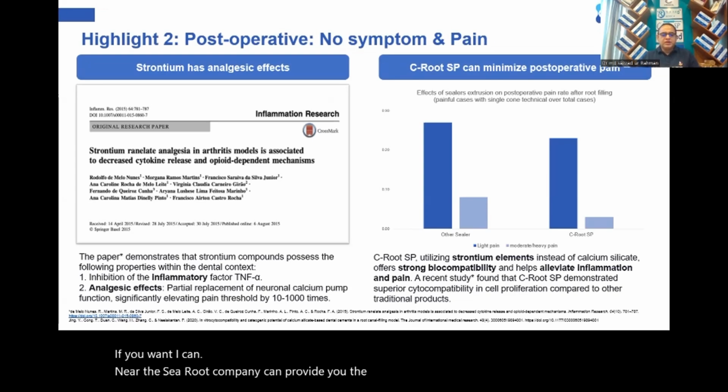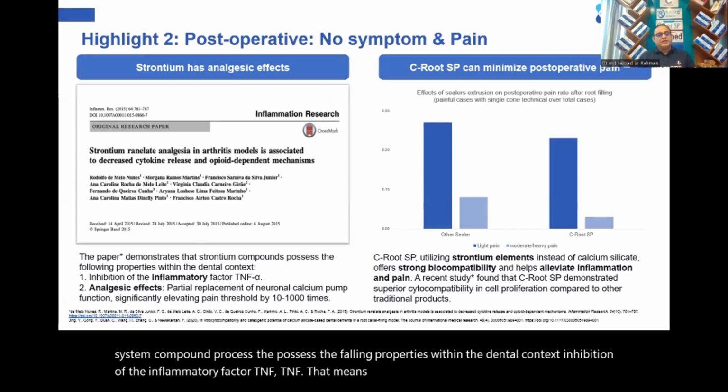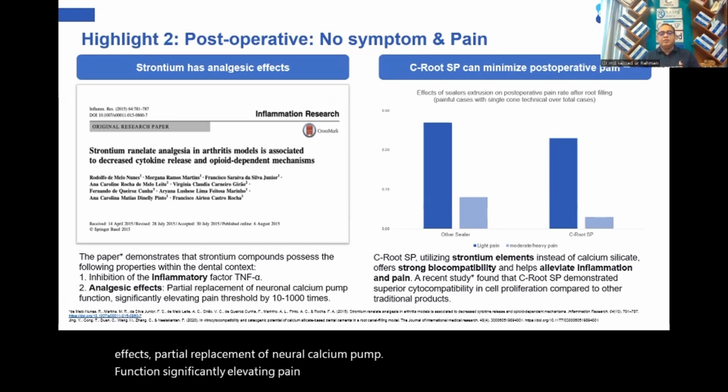The papers demonstrate the strontium compound possesses the following properties within the dental context: inhibition of the inflammatory factor TNF, that means tumor necrosis factor, analgesic effects, and partial replacement of neural calcium pump function, significantly elevating pain threshold by 10 to 1,000 times.